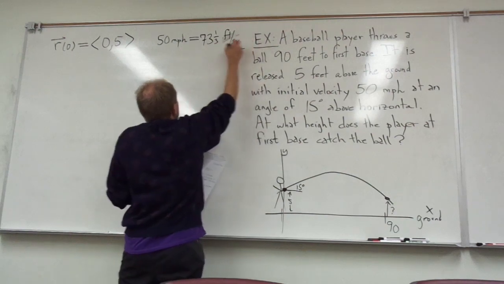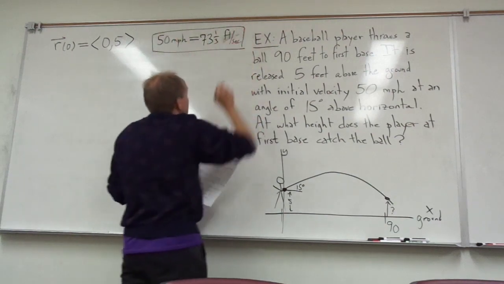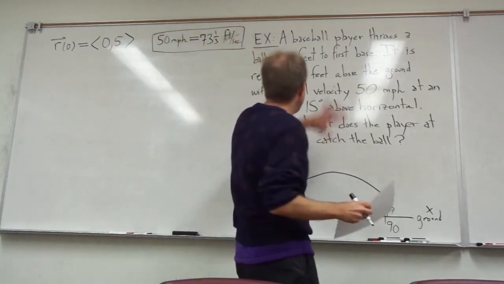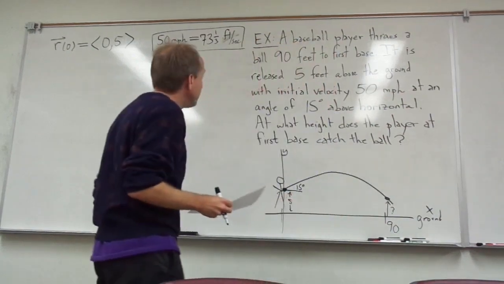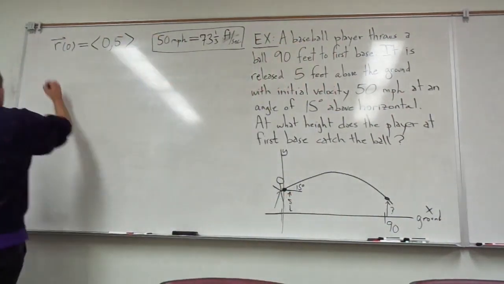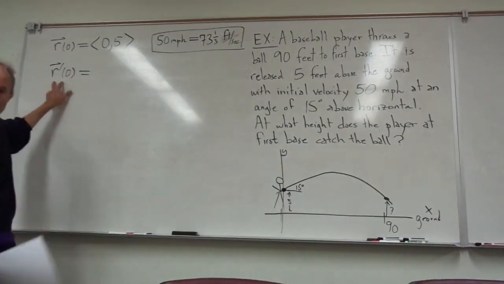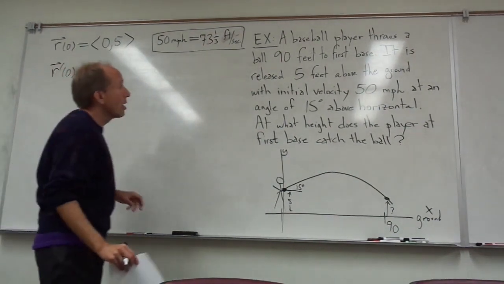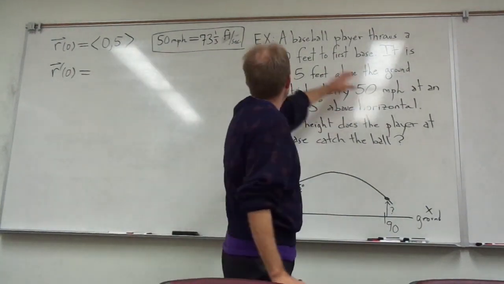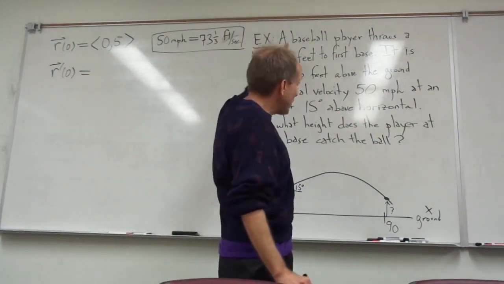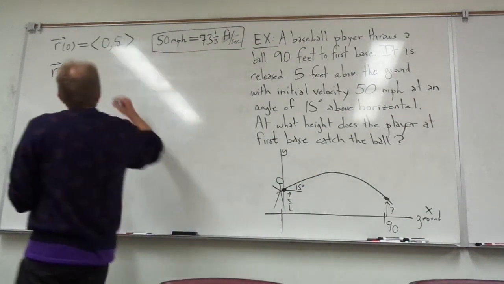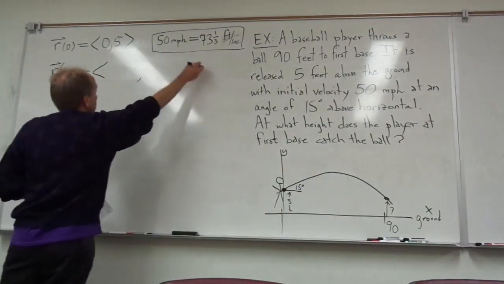It's just a little easier to use feet per second, so that we can make use of all of these values here. So if I want to look at the initial velocity, that would be r prime of 0. Well, it's 73.3 feet per second at an angle of 15 degrees above the horizontal.